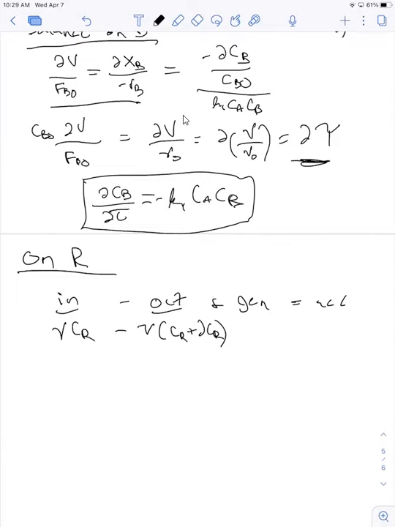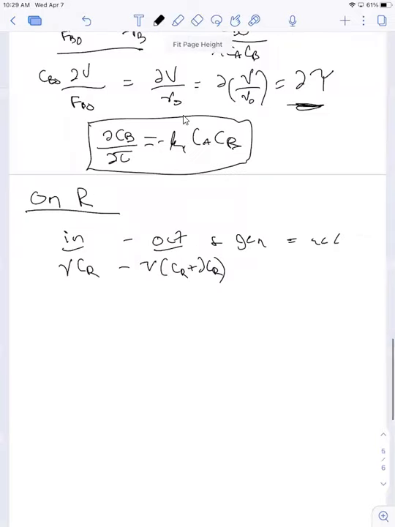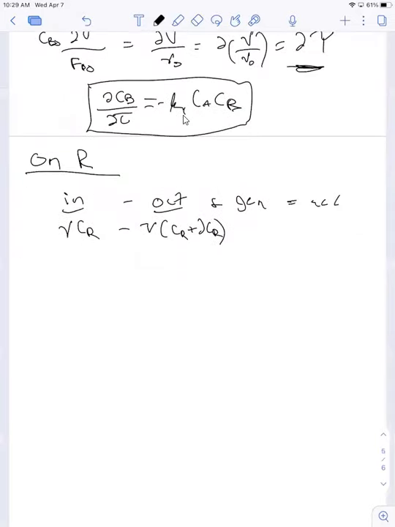I don't know why I did it this way, but you can do it both ways. I tend to do it with the more complicated ones.